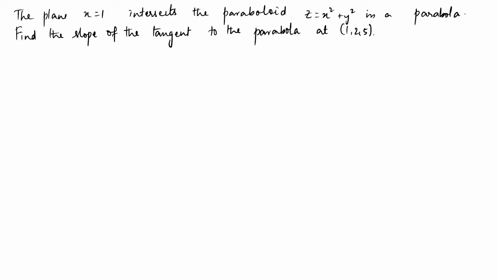With respect to what? Both x and y, sir. (1, 2, 5) is the intersection point, sir. It is given that it is a paraboloid.